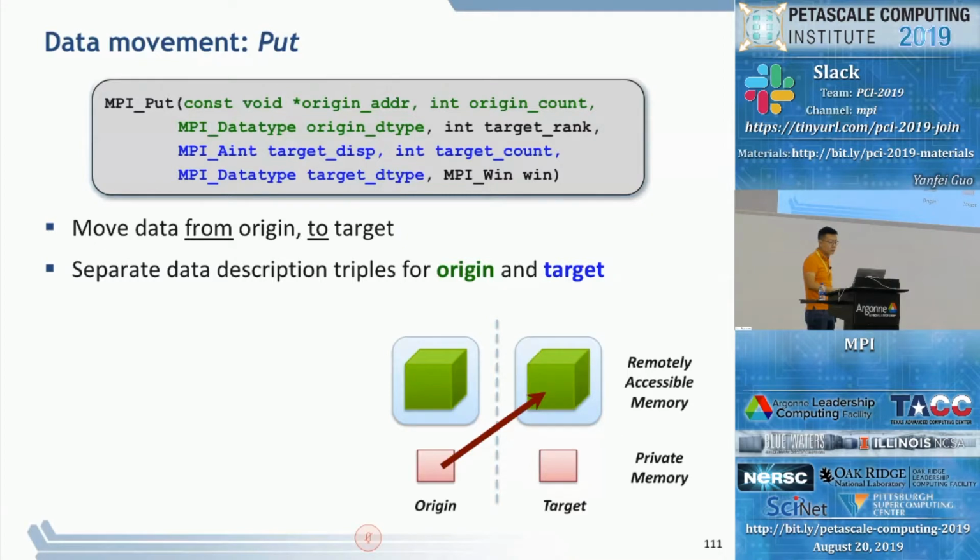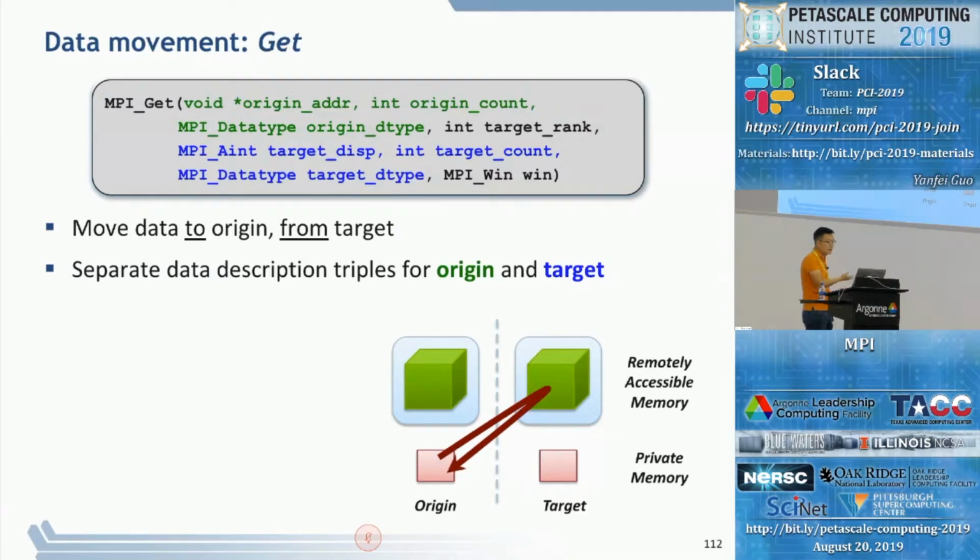Okay, so that's put. And the opposite is get. The operation is like: I know there's a remote buffer described by all the blue arguments here.